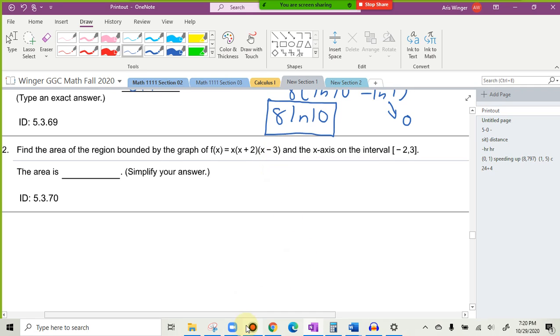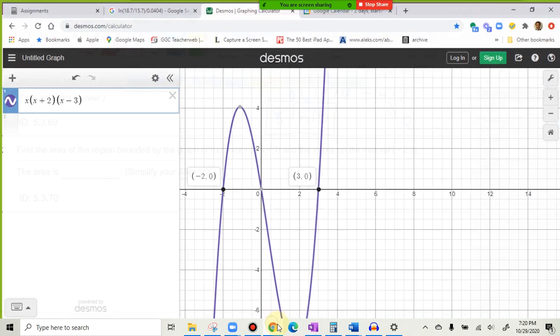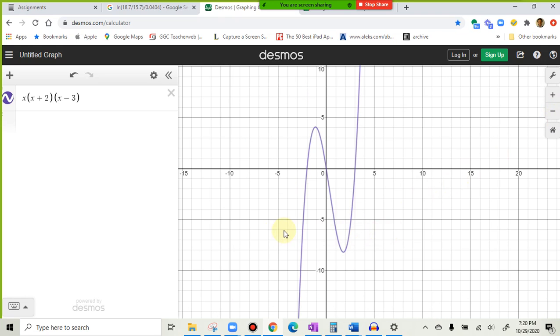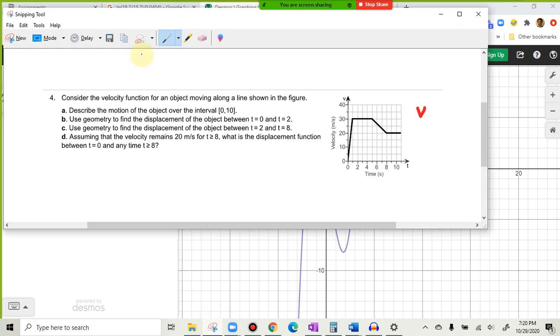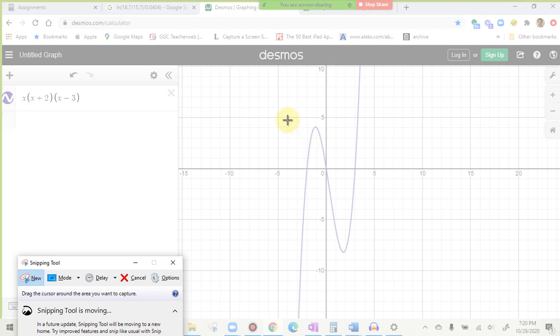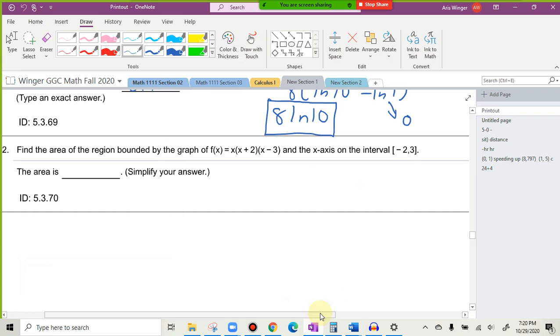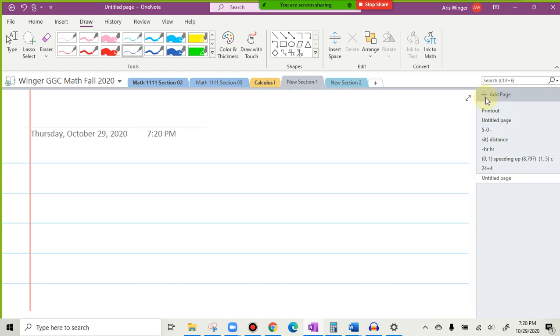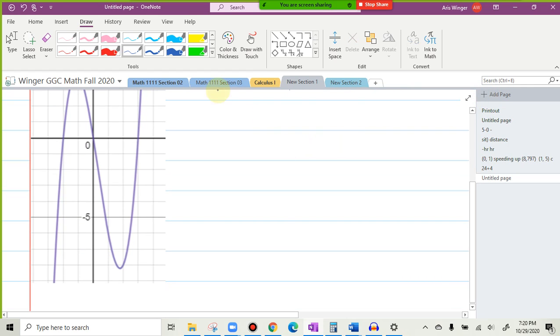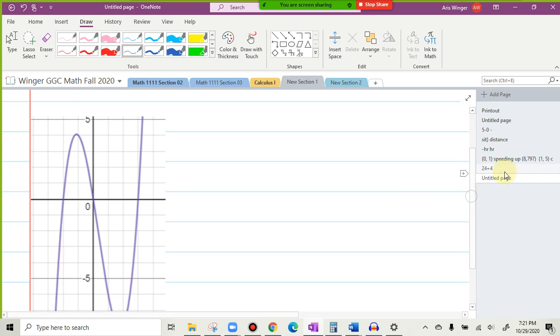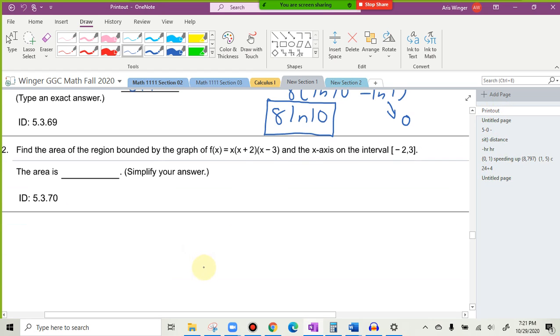Okay, so now, let's get that picture. We got something like that. We'll zoom out. So here we have to worry about signs, right? So then I'm going to do something like this, and we're going to get a new page for this. We'll bring the question over.